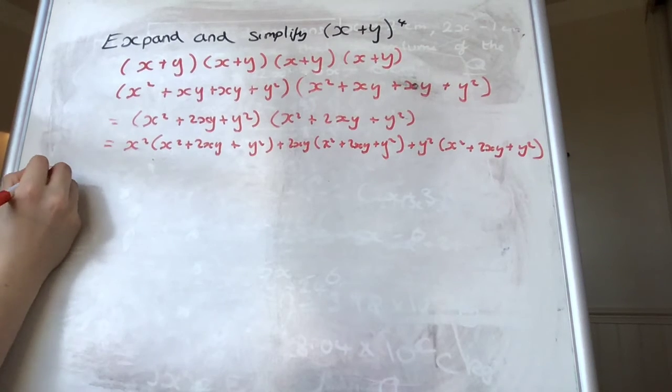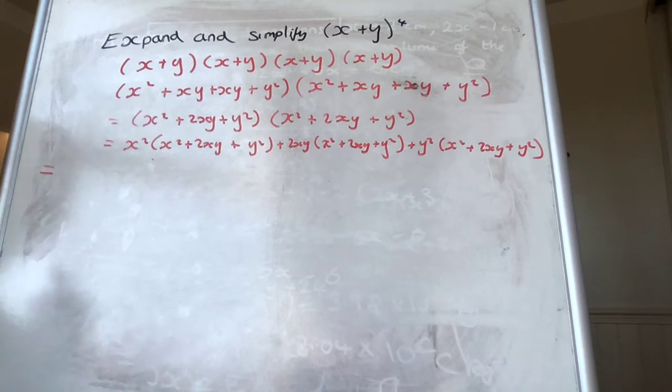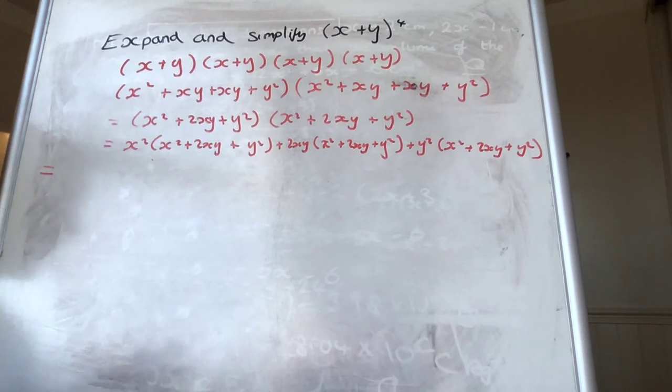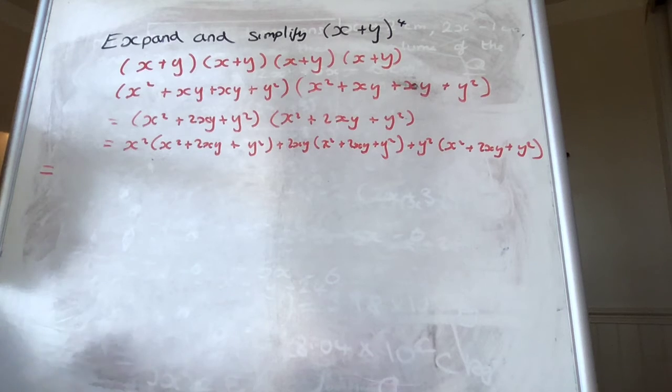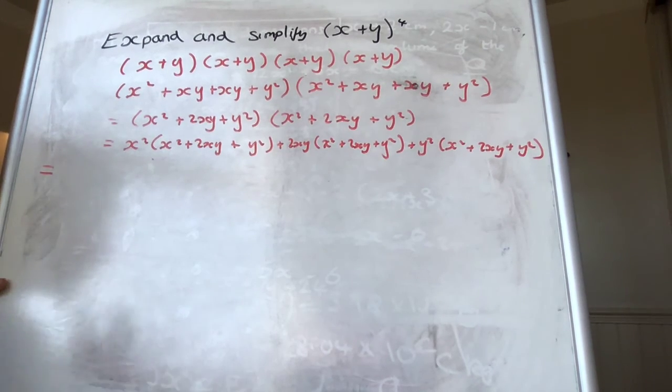But what I would note is, if you haven't watched my video on index laws and you don't know how to multiply indices, I would recommend you check out that video, because at this point you would be having to make probably slightly more complex indice multiplications. Not that difficult, but perhaps a little bit difficult if you're starting out.